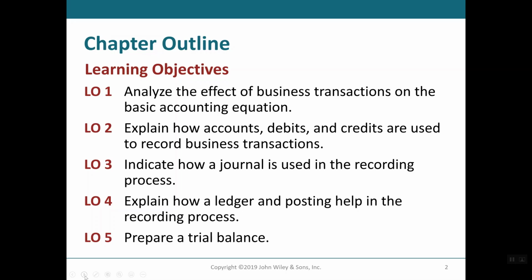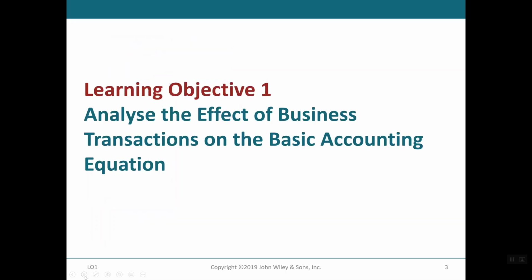Three, we're going to indicate how a journal is used in the recording process. Four, we're going to explain how a ledger and posting help in the recording process. And lastly, we're going to prepare our trial balance. All right, let's dive into it.